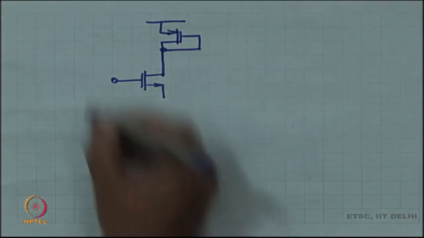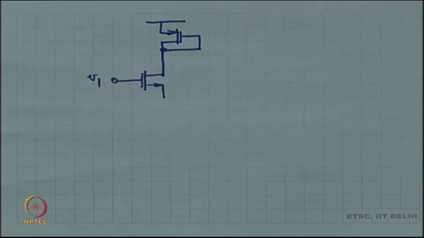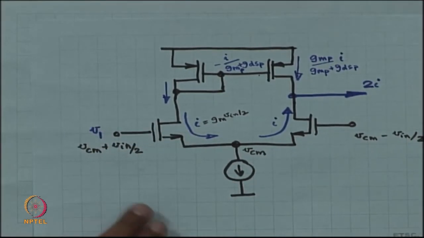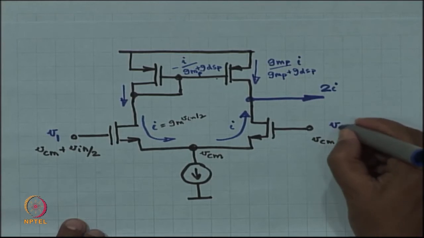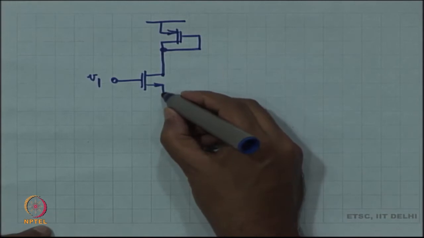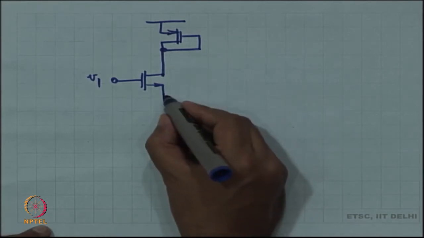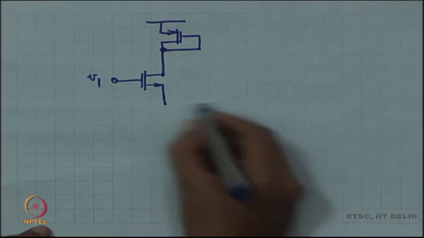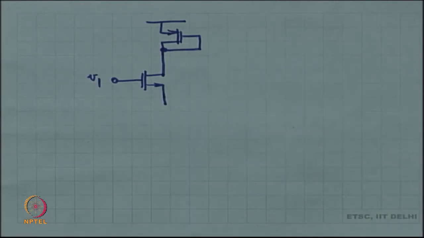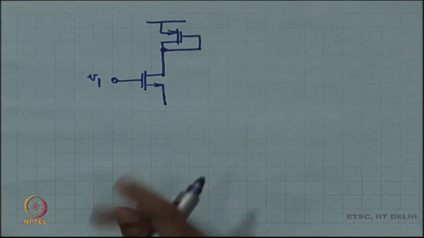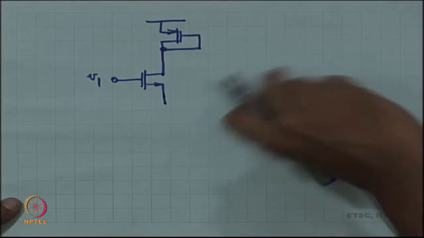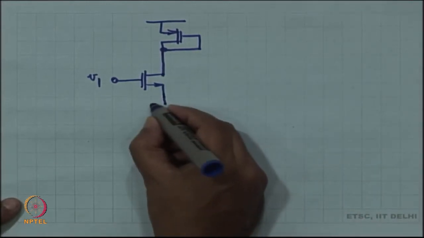Let us call this input V1 with the understanding that V1 is nothing but VCM plus V in by 2 and V2 is nothing but VCM minus V in by 2. Then over here I have got the current source, which I am not going to draw because this is a small signal diagram that I am drawing. Then over here I have got the second input device, which I am going to fold downwards and draw as a PMOS.